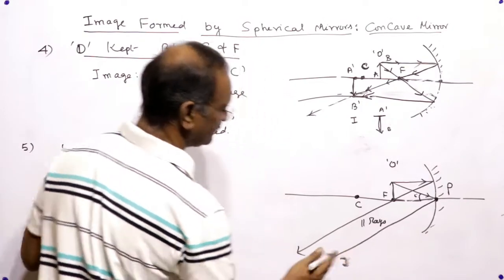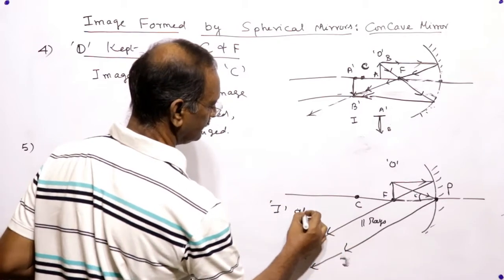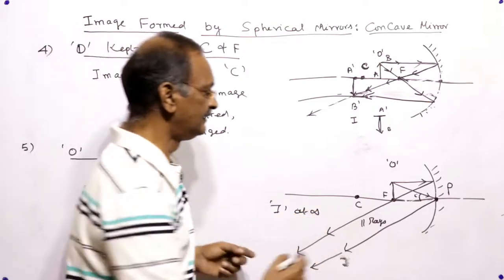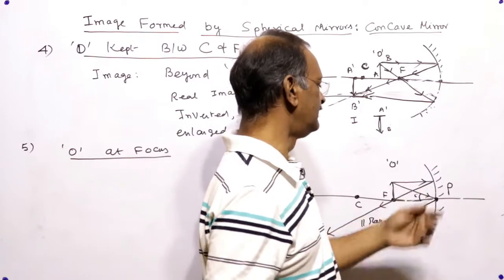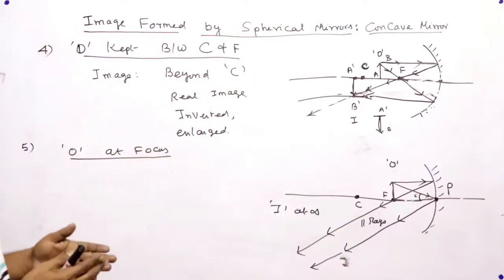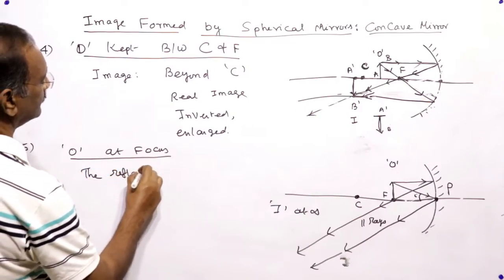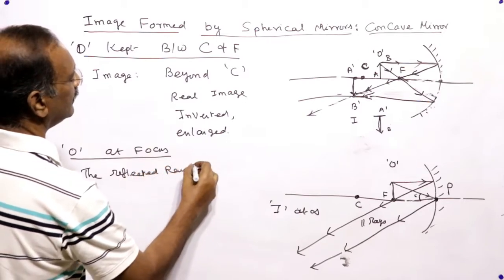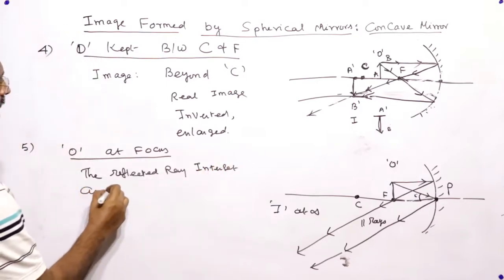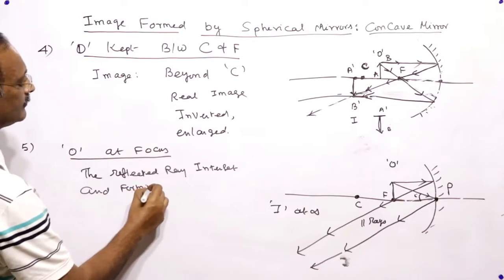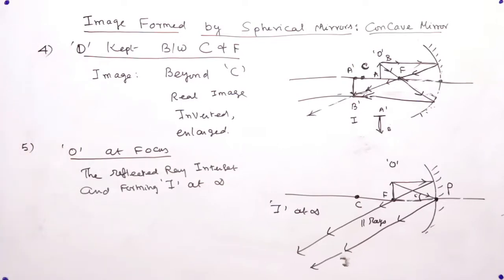So the image is formed at infinity, because of these two rays, one parallel to the principal axis and another incident from the object, the reflected rays go parallel, forming the image at infinity.